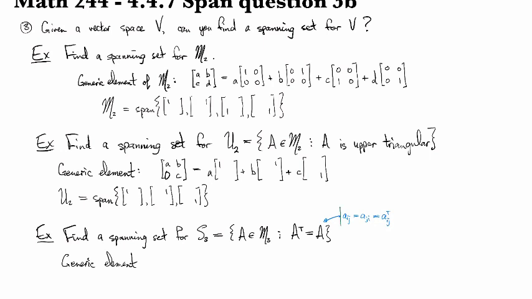On the left we have the ijth entry of A, and on the right we have the ijth entry of A transpose, and those have to be equal. So that's the condition I'm going to be looking for.